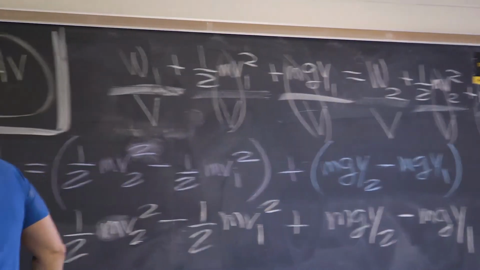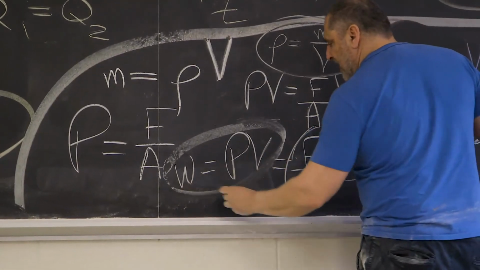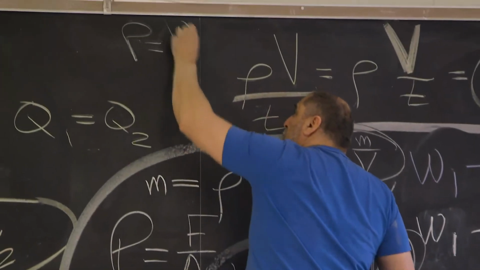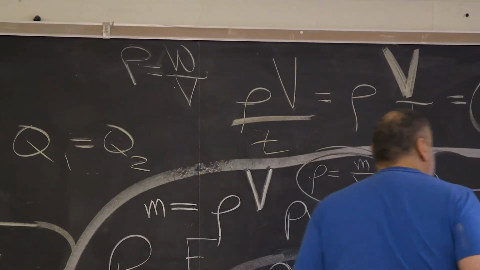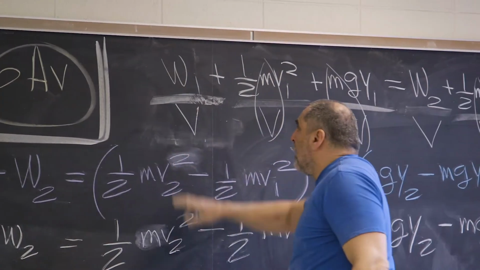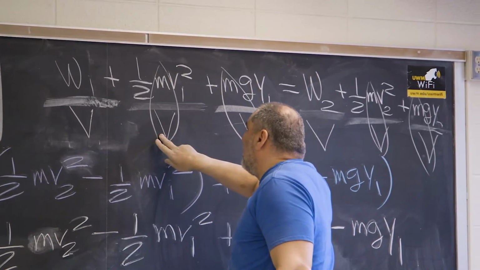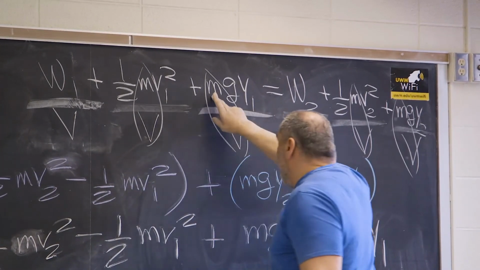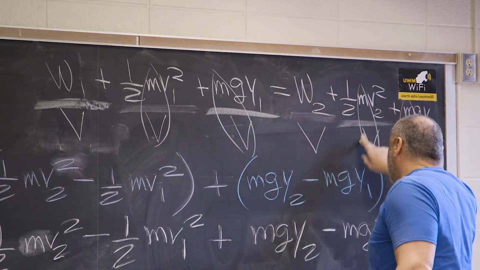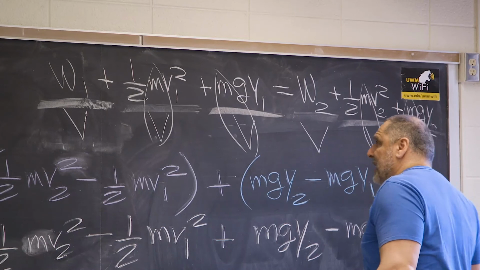If work is pressure times volume, if you divide by volume on each side, pressure equals work divided by volume. Work divided by volume is pressure. Mass divided by volume is density.